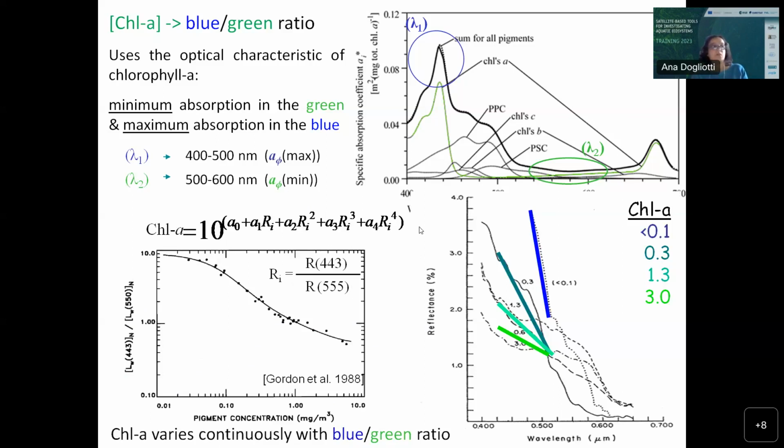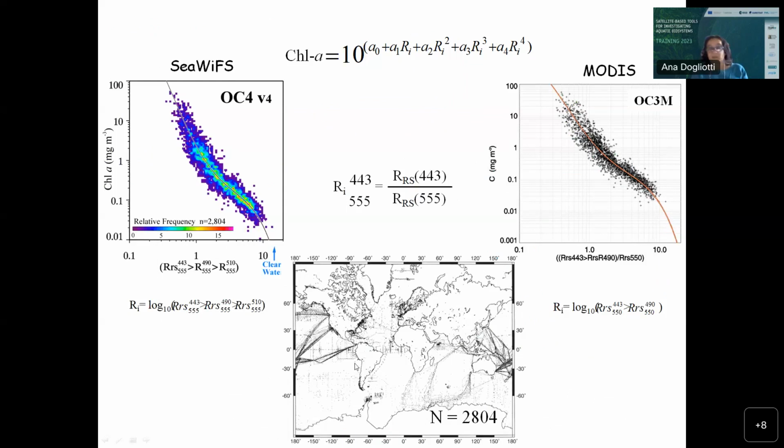And that's what the algorithm is about. It has been developed by fitting a large amount of data collected all around the world, by calculating the ratio and fitting this equation to the measured data.